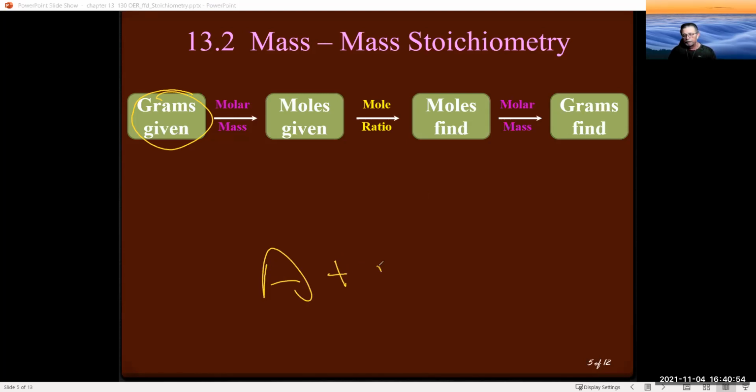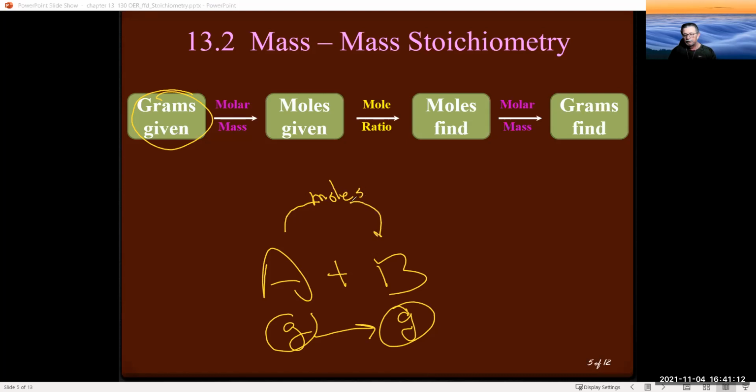I can't go directly from grams to grams when comparing A to B. I need to go through moles. So from grams, I go to moles, then from there I get to moles of B, and then from there I get to grams of B. And that's how you work the problem.